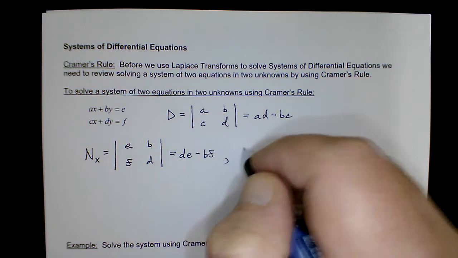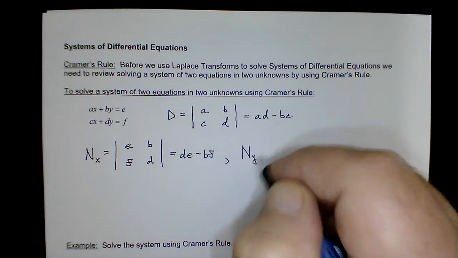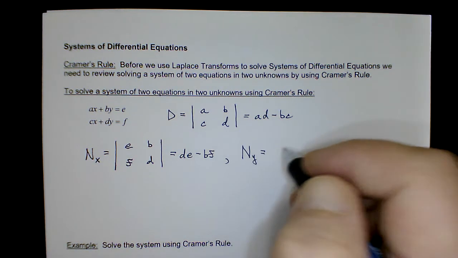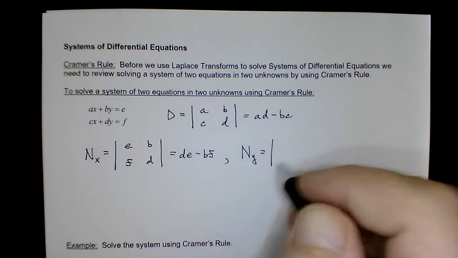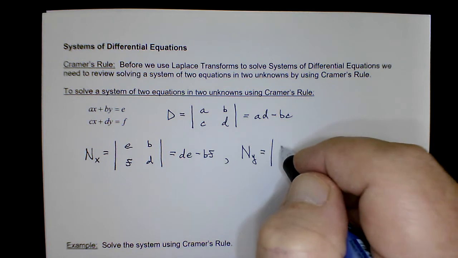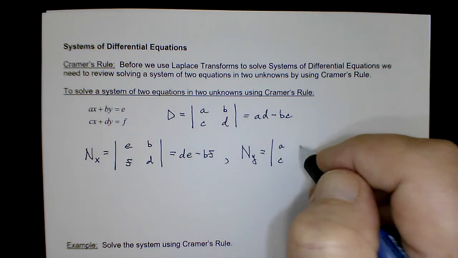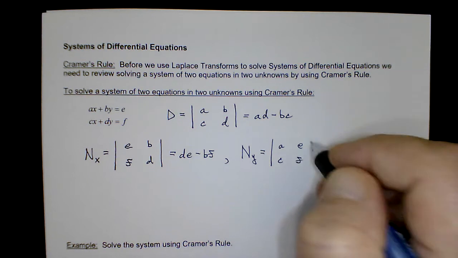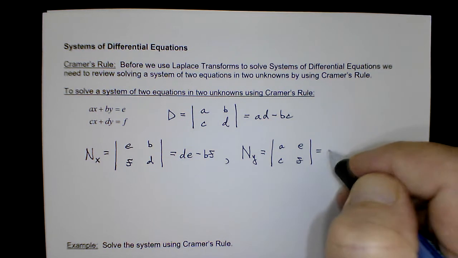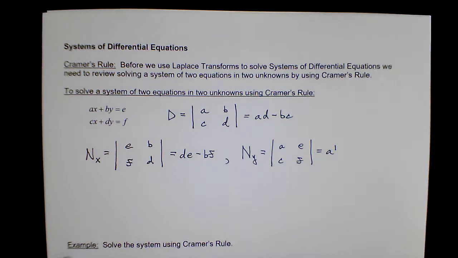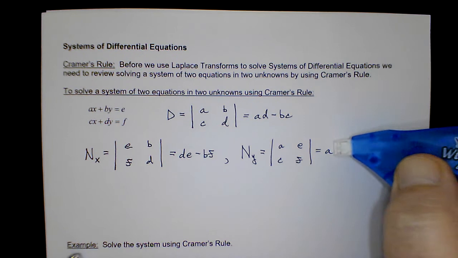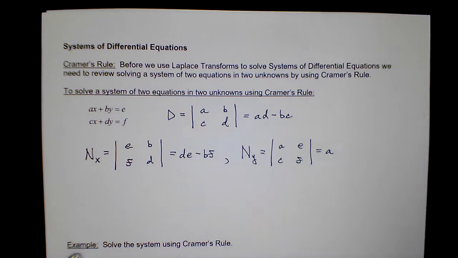And similarly, we'll do the same thing for the y's. I'll call it n sub y, for numerator of y. You leave x alone now, and you replace y by the solutions. And then, of course, you calculate that determinant. So AF minus CE.